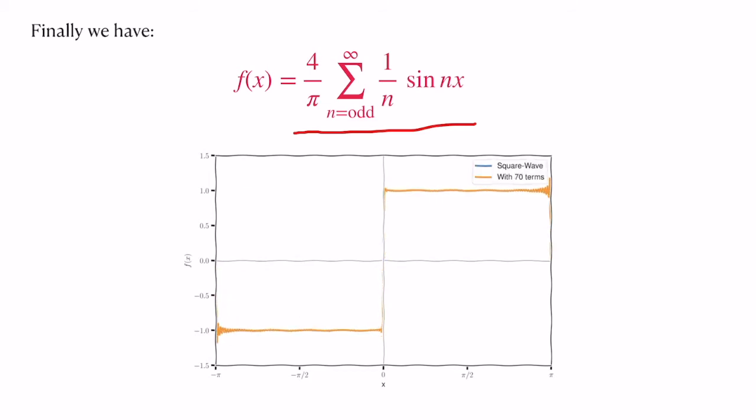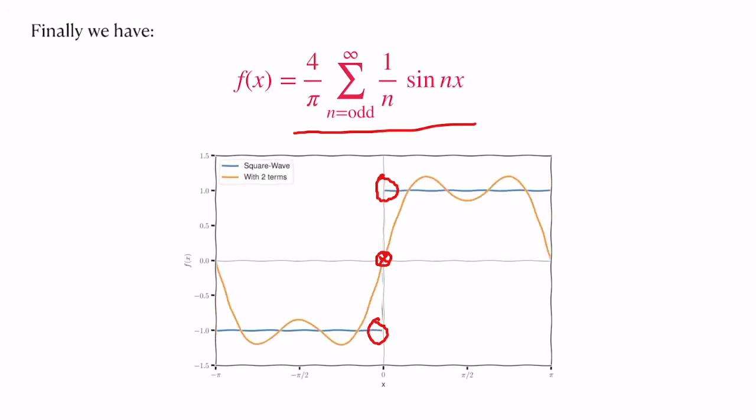The first thing to notice again here is that the function takes the mean value at the discontinuity, and second, at the discontinuity the function never seems to match, and there is going to be higher and higher order oscillation happening, and that oscillation amplitude also seems to increase.